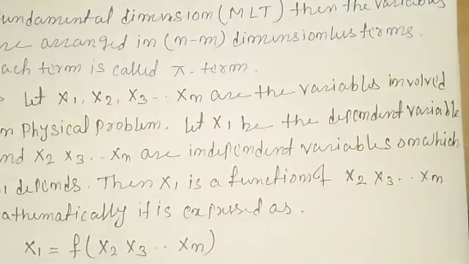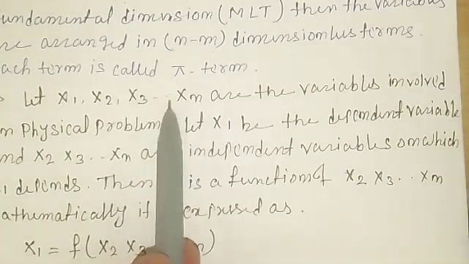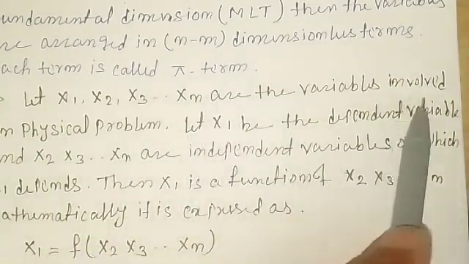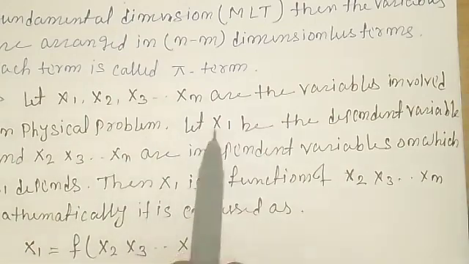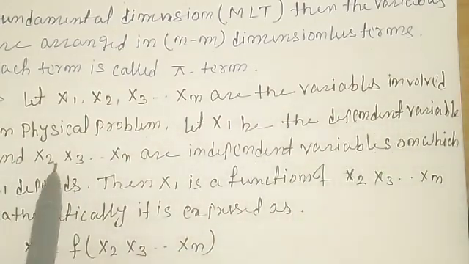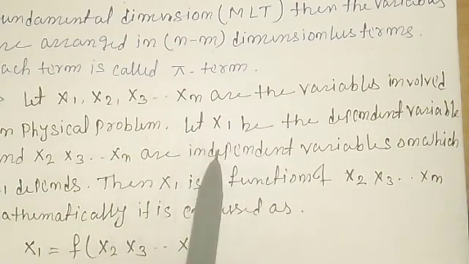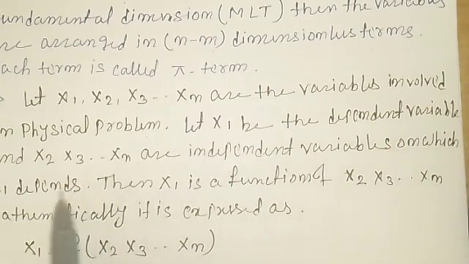Let x1, x2, x3, and so on up to xn be the variables involved in the physical problem. Let x1 be the dependent variable, and x2, x3, up to xn the independent variables on which x1 depends. Then x1 is a function of x2, x3, up to xn.